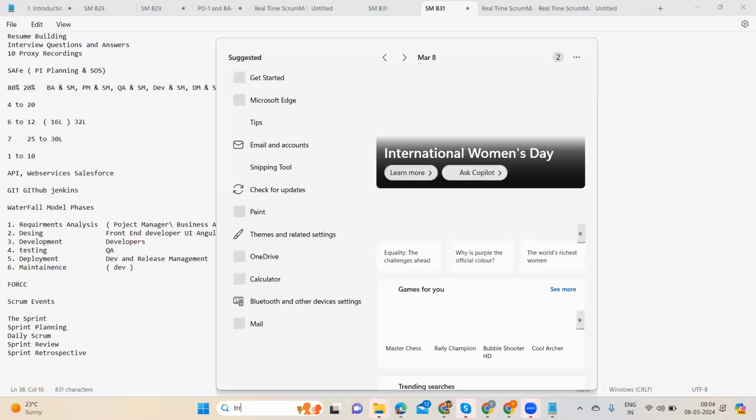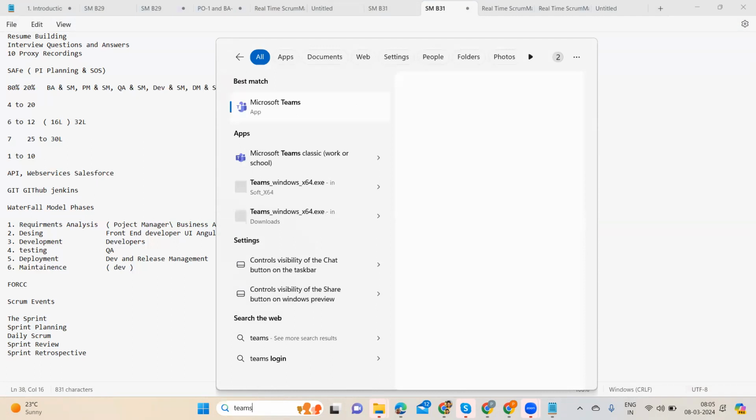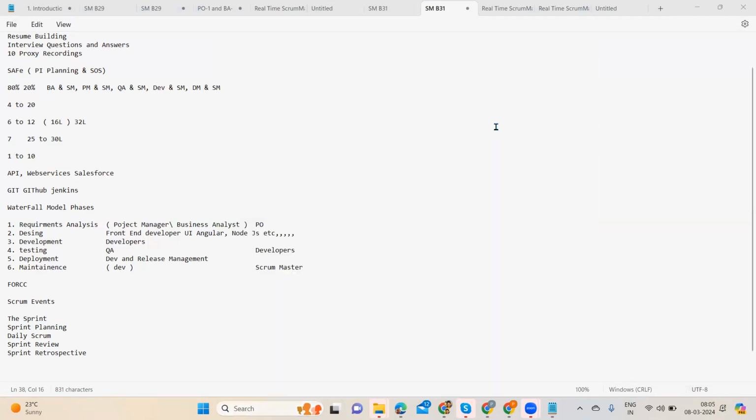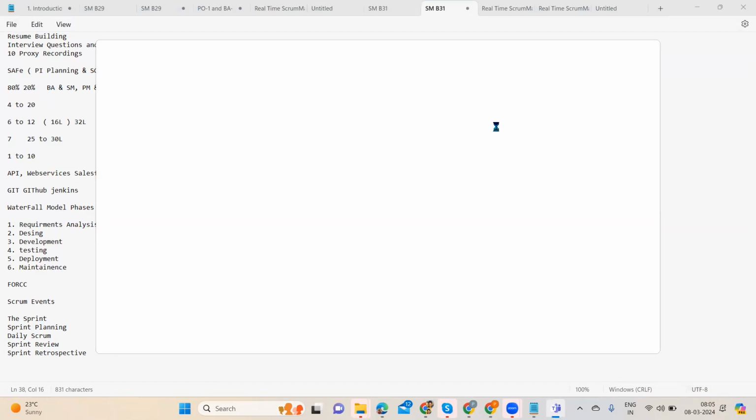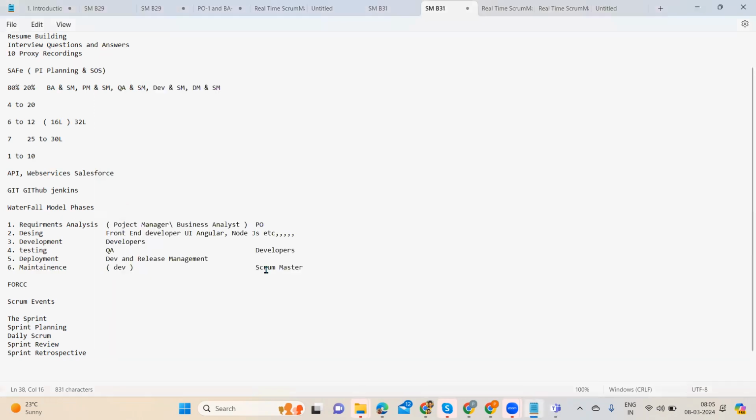Sprint review also the same: for every sprint, one sprint review. Sprint retrospective meeting: for every sprint, there will be one sprint retrospective meeting. The daily Scrum call, as you said, we will have daily. So when will we have the sprint planning meeting, sprint review and sprint retrospective meeting?